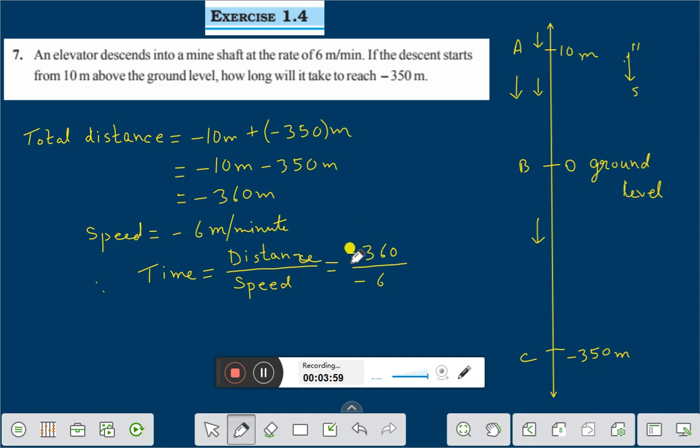Therefore minus minus gives plus, and 6 times 6 is 36, 0, that is we are getting 60 minute, and you know that 60 minute is equal to 1 hour.